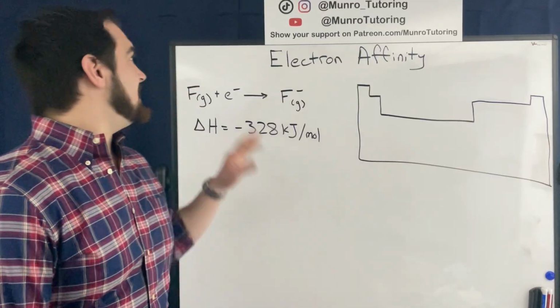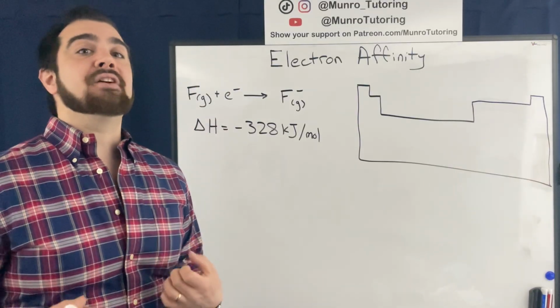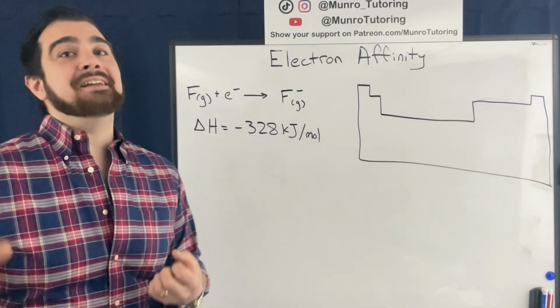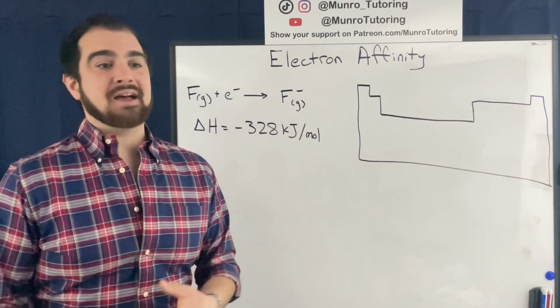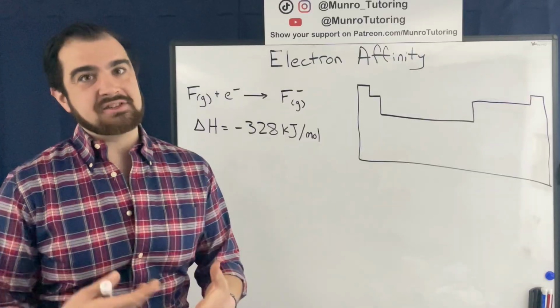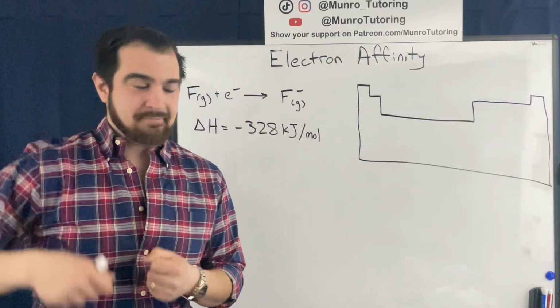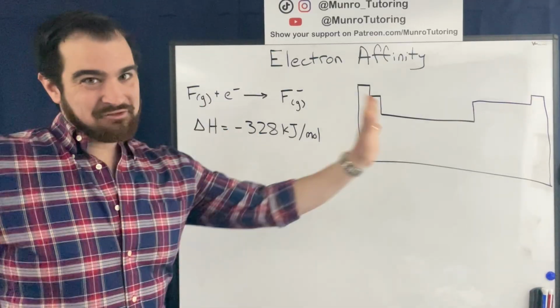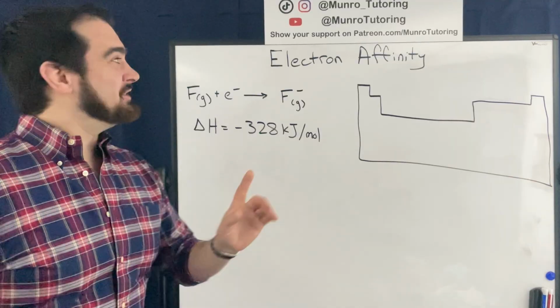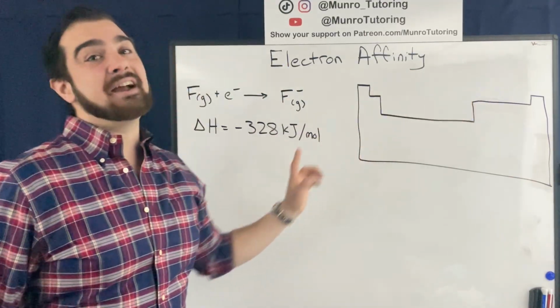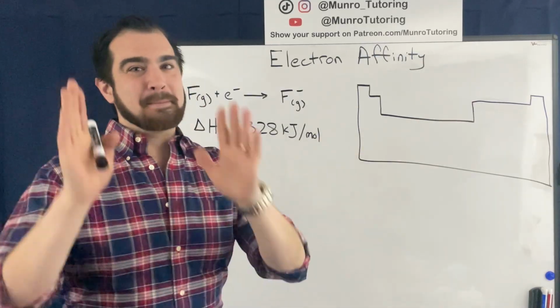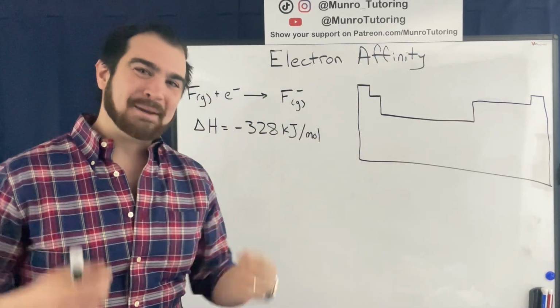But an element like fluorine has a very high ionization energy. It takes a lot of energy to rip an electron away from it. So that would indicate that there may be more energy released when it receives one, okay? So in general, electron affinity increases up and to the right as atomic radius gets smaller and as ionization energy increases. But there are exceptions, right?